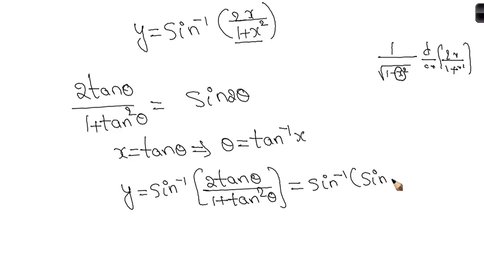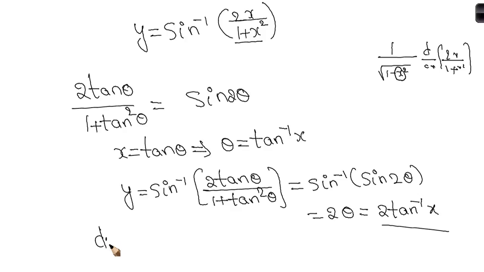Sine inverse of sine 2 theta is 2 theta. 2 theta is 2 tan inverse of x. See, so the complicated function sine inverse of 2x by 1 plus x square has been simplified. This function is the same as 2 tan inverse of x. So now differentiate both sides with respect to x.